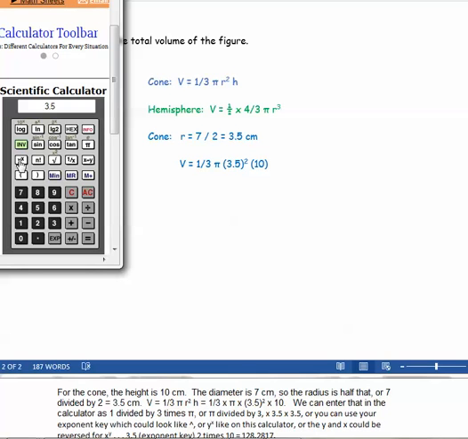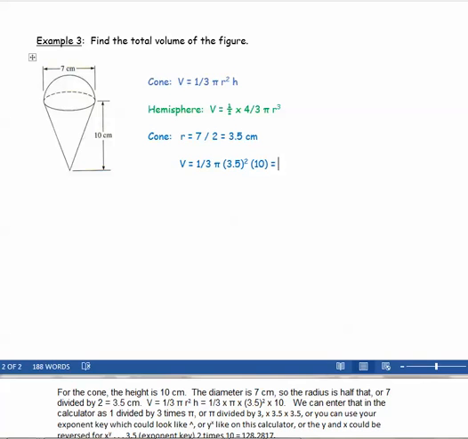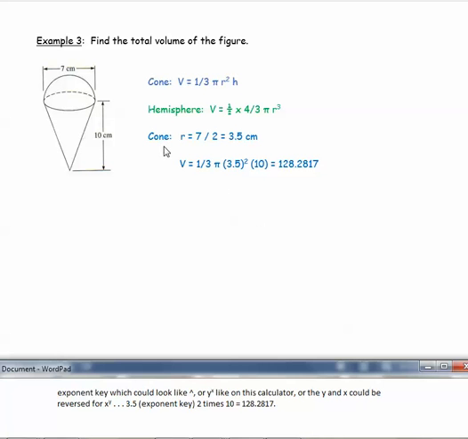In some calculators that's reversed, it could be x to the y. So if I have the 3.5 and hit the exponent button, squared, that'll square the 3.5. And then multiply times 10, which equals 128.2817. So that's the cone.